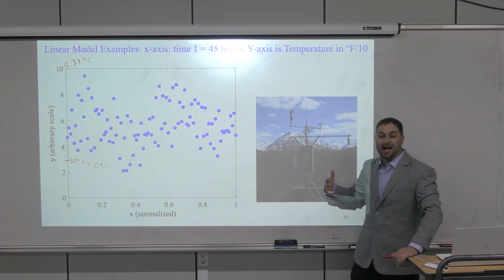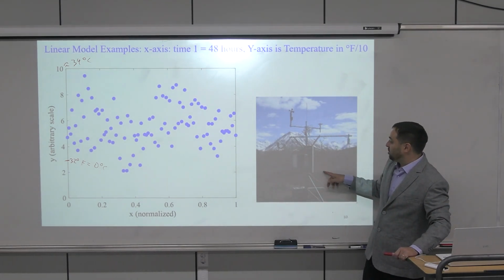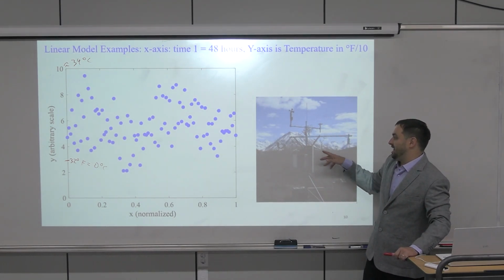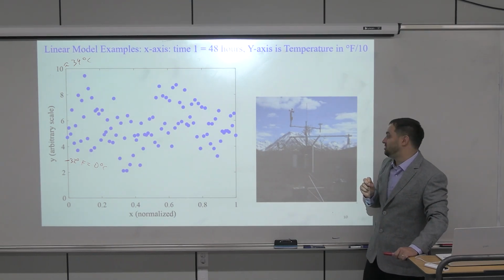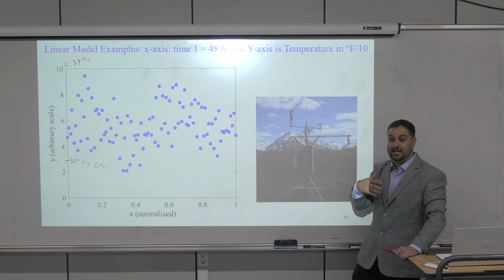This was performed at a weather station, which I'm showing here in this picture, high up on a mountain in a high northern latitude during the summertime, maybe let's say in July.